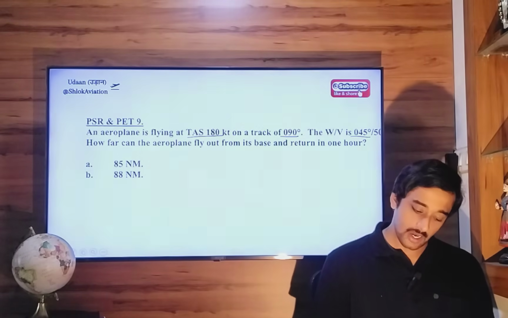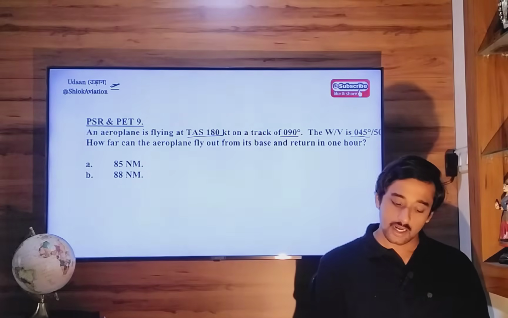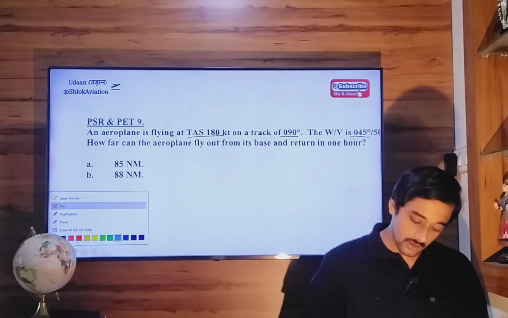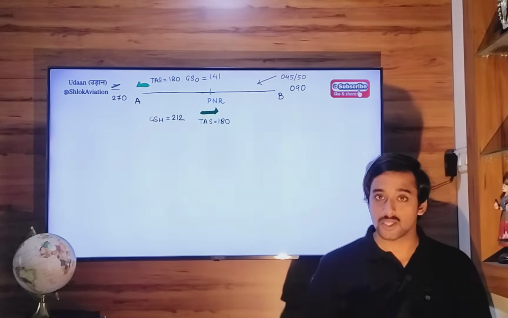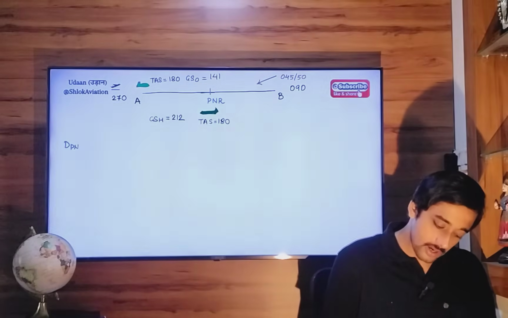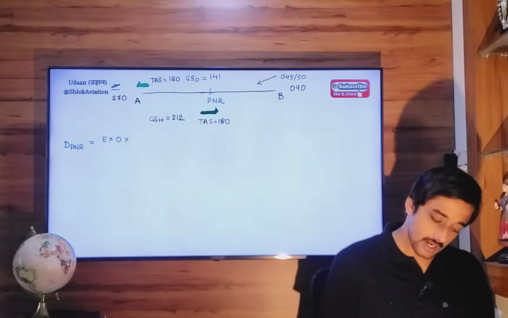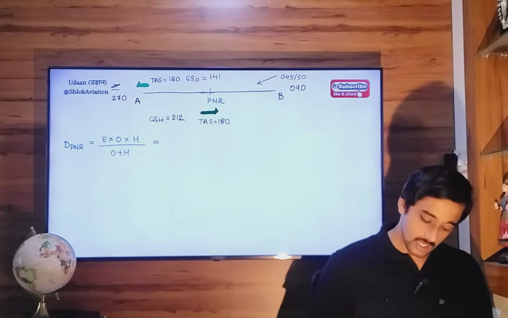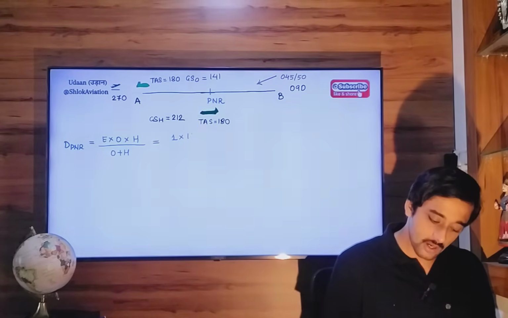So we have to find out how far the aeroplane can go and come back in 1 hour. So we are going to use not the distance to critical point formula, we are going to use the distance to point of no return formula. So distance to point of no return equals endurance into outbound speed into homebound divided by outbound plus homebound. What is endurance? It is 1 hour. Outbound speed is 141.